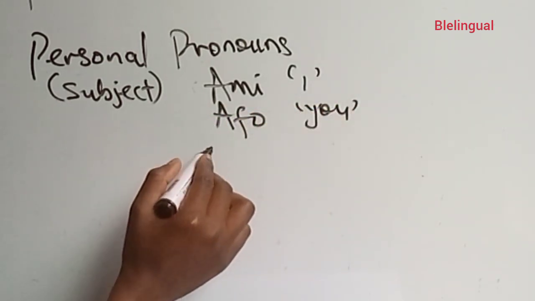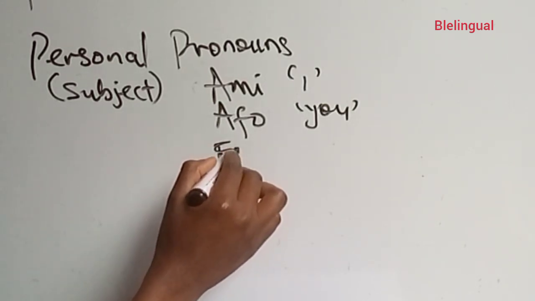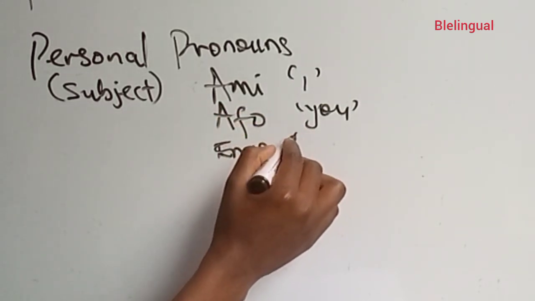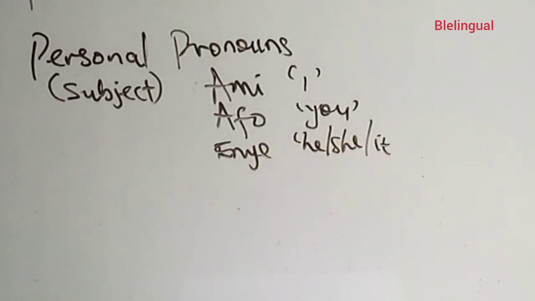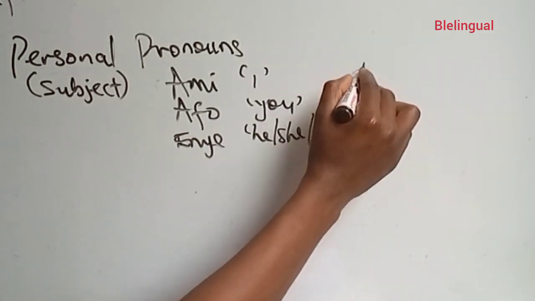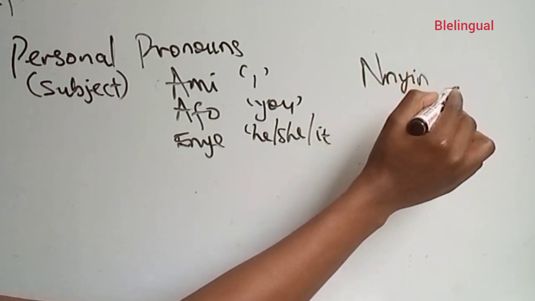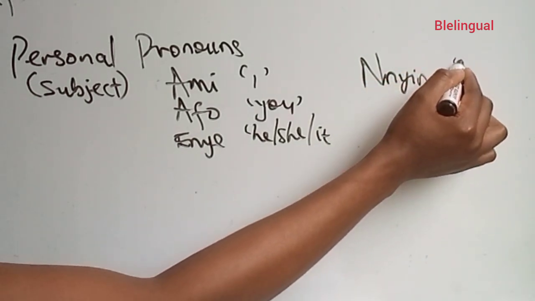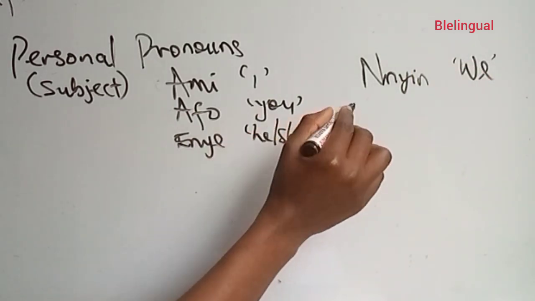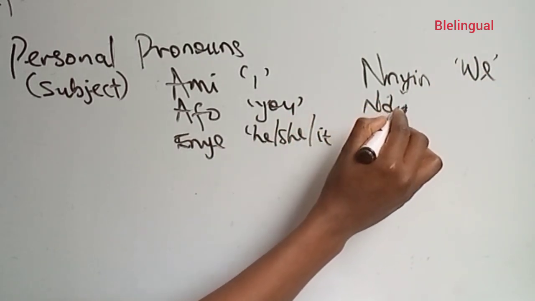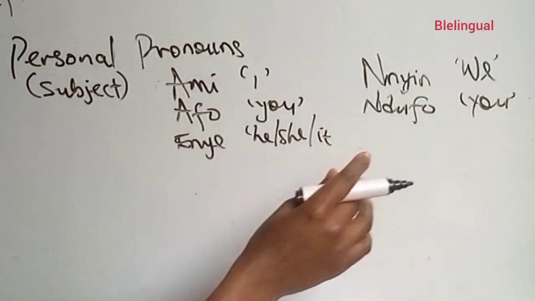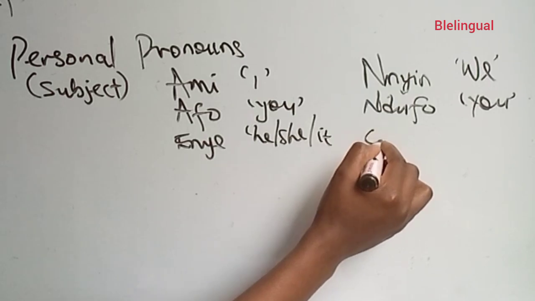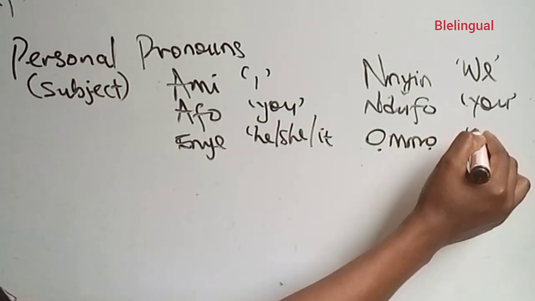Then we look at enye for the third person singular, that is he or she or it. Then for the plural, we talked about nyan, that is we. Ndufo, for the second person plural, you. And the third person plural in the subject area, ommo.